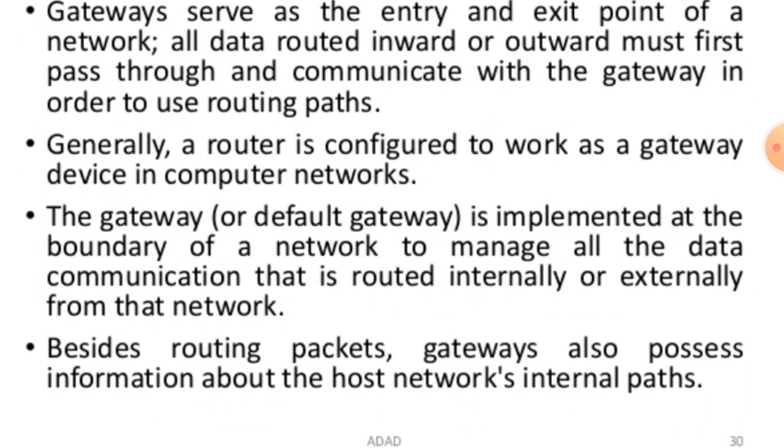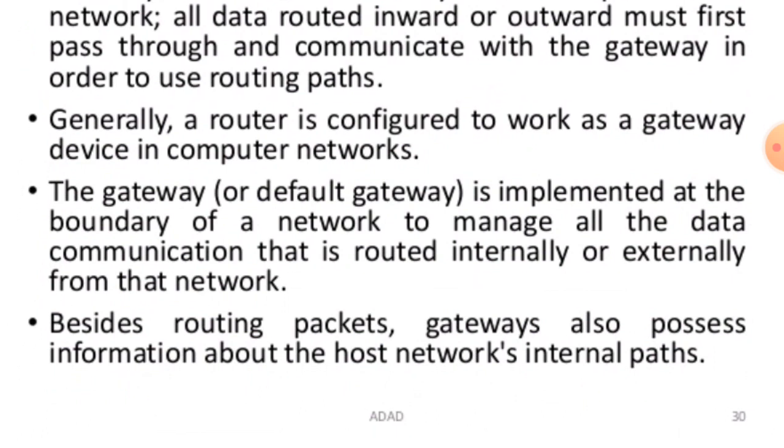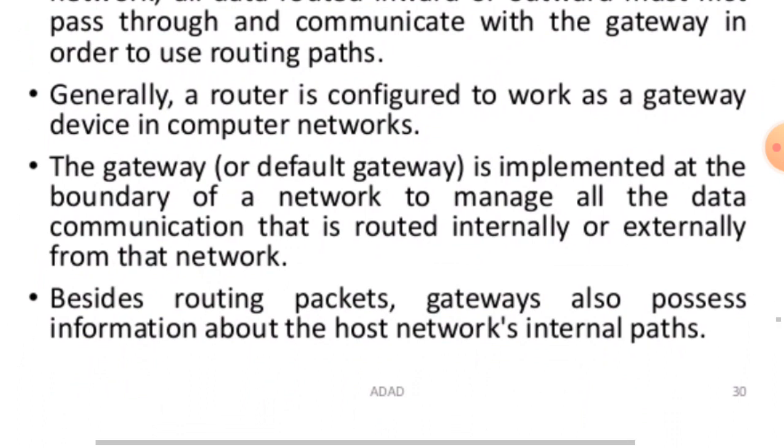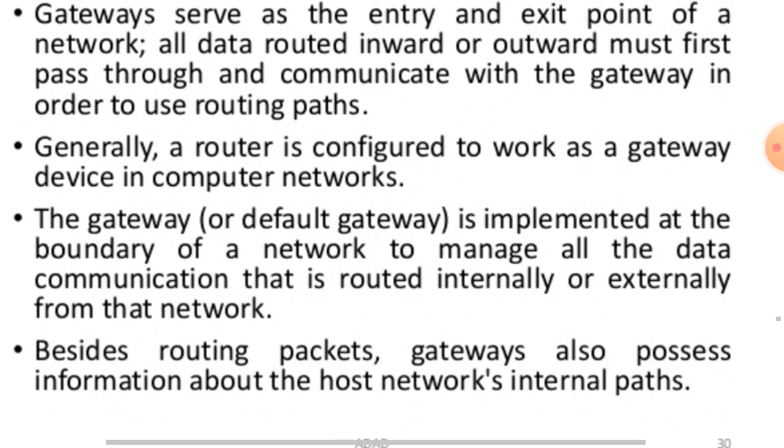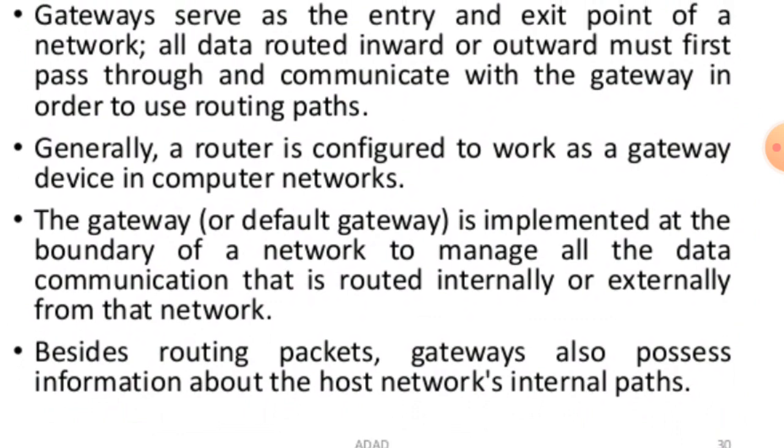Generally, a router is configured to work as a gateway device in computer networks. The gateway is implemented at the boundary of a network to manage all the data communication that is routed internally or externally from that network. Besides routing packets, gateways also pass information about the host network's internal paths.